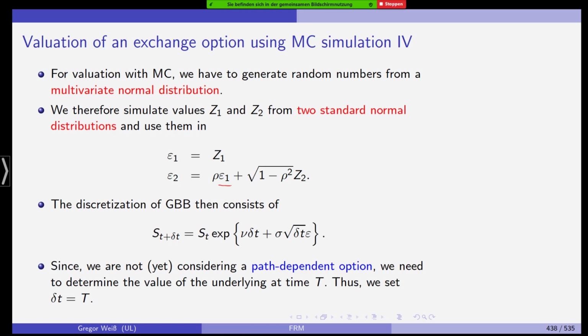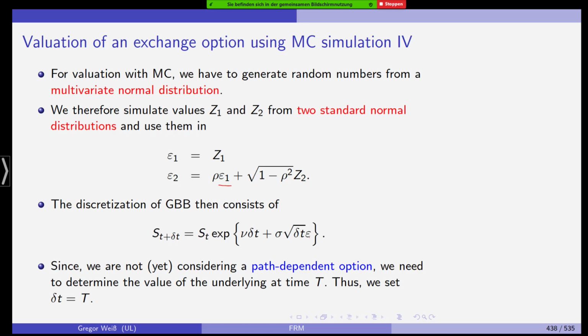If you have a correlation of 1, -1, or 0, you can see that we have more or less or no dependence between epsilon 1 and epsilon 2. Then, again, we discretize the geometric Brownian motion. We insert epsilon 1 and epsilon 2, and we get simulated paths from the 2-dimensional geometric Brownian motion.